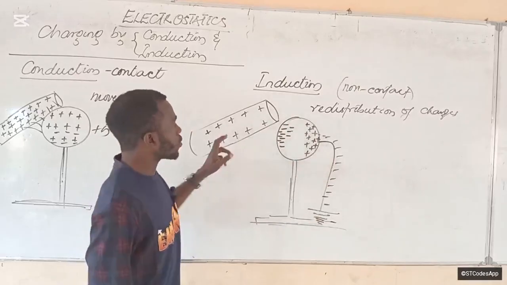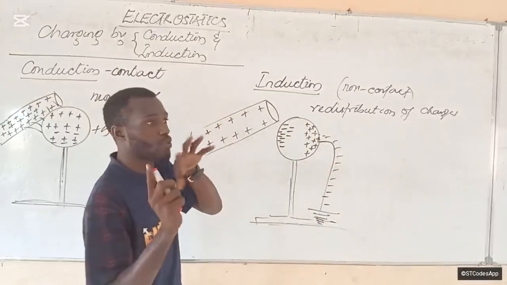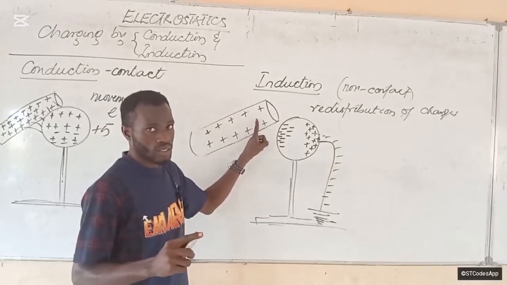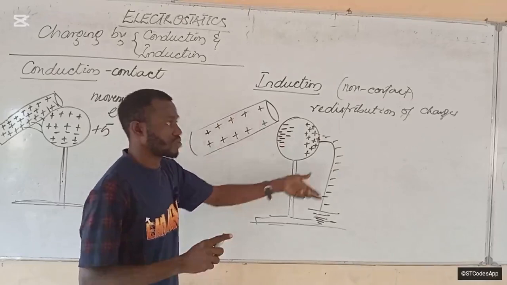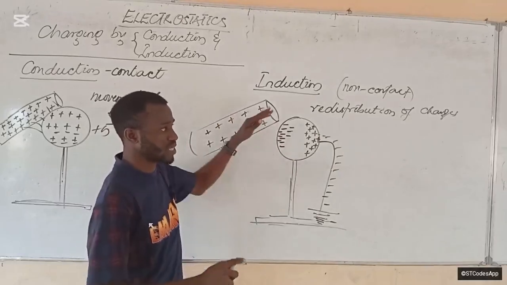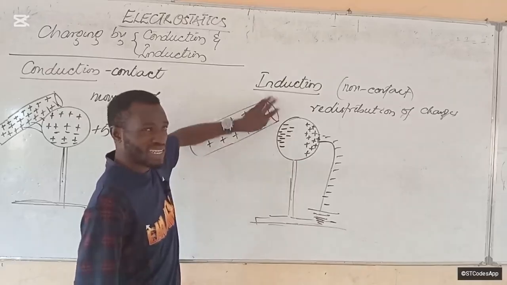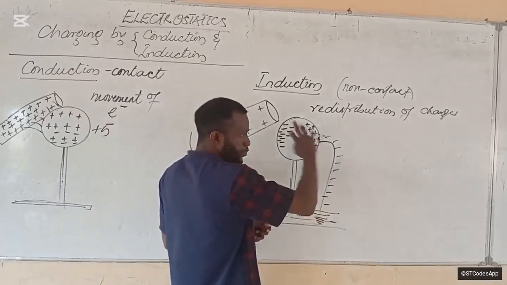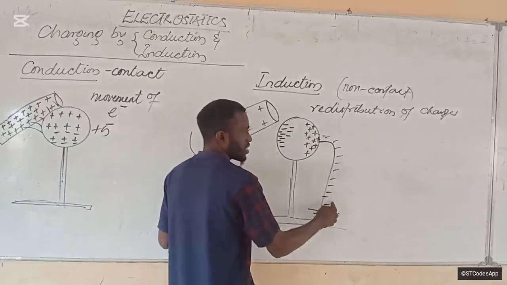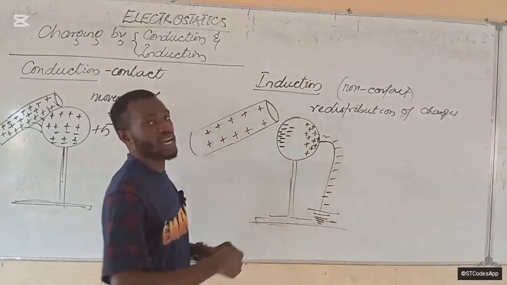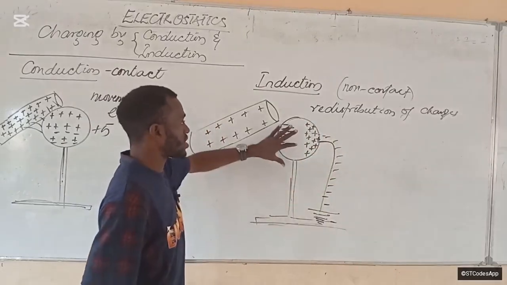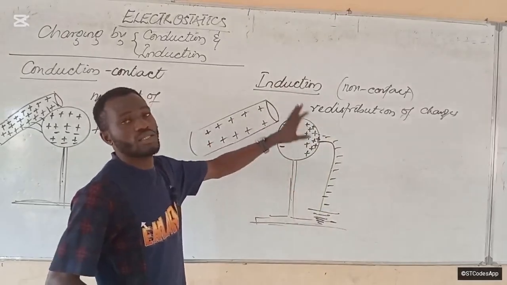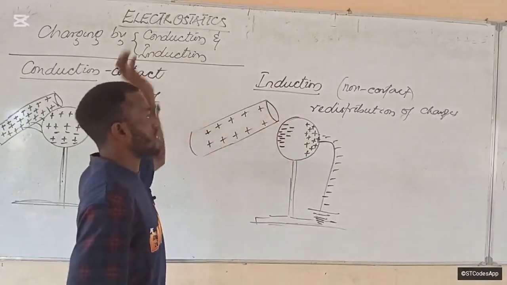That earthing happens while the charger is still in place, because if you remove it, it will redistribute and become neutral again. So during the connection, negative charges from the earth move up to neutralize that charge, and then this body, after a while, will become charged with only negative charges. Then you can remove the charger.